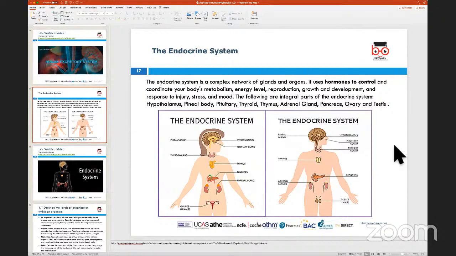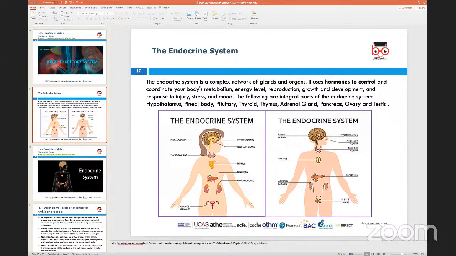The endocrine system is a system which looks at the secretion of hormones, and at the same time it regulates the biological processes in the human body from conception to adulthood.